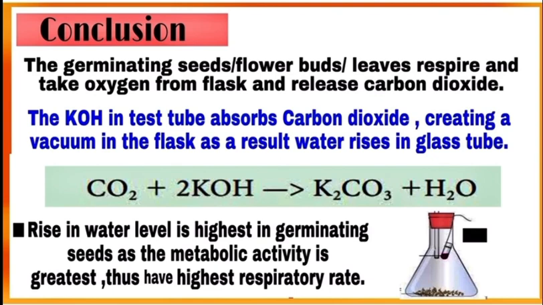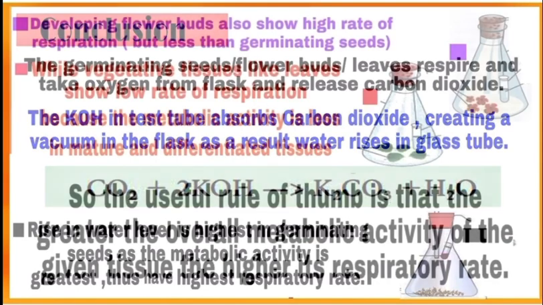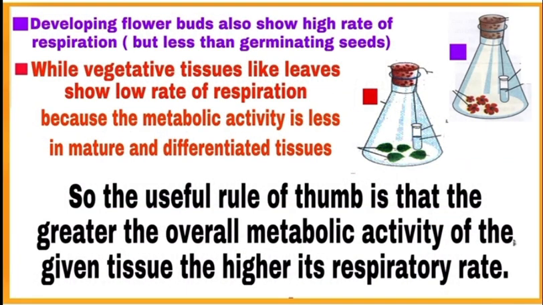Now, let us conclude the results also. According to the results, rise in water level is highest in germinating seeds. It is 1.5 centimeter because the metabolic activity is greatest in germinating seeds, thus have highest respiratory rate. Also, developing flower buds show high rate of respiration as water level in this setup rises up to 1.0 centimeter, but in flower buds, rate of respiration is less than germinating seeds.